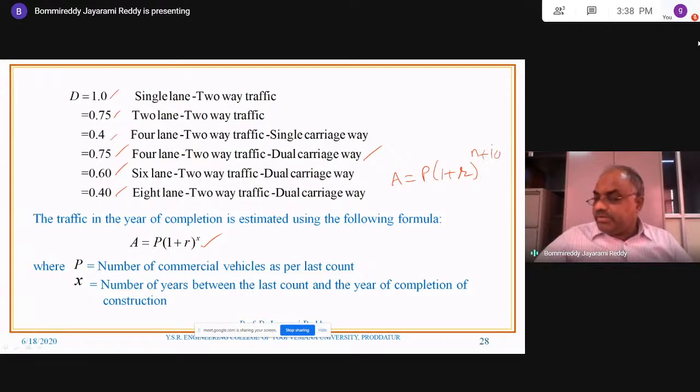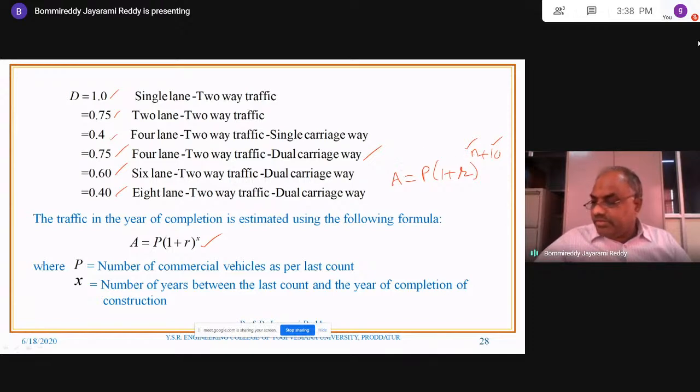So 10 is the design life of the pavement considered. It may be 10 years or 15 years or any value in between. And n is the period of construction of the highway.